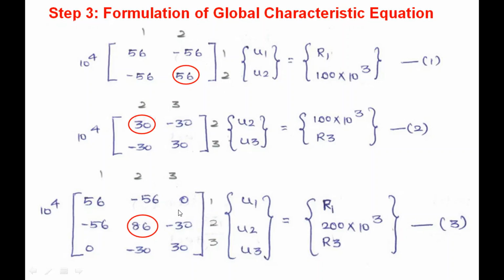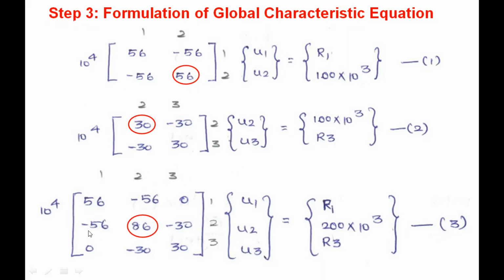Then the element 3 1, that means third row, first column, there is no combination of 3 1, so we are marking it as 0. Physically also we can understand, because nodes 1 and 2 are in the element, but there is no connection between 1 and 3. There is a connection between 1 and 2, and 2 and 3. So that is why this 3 1 term will become 0.